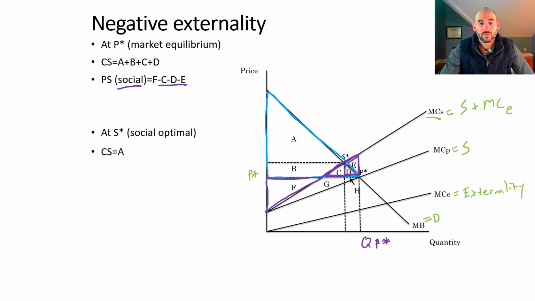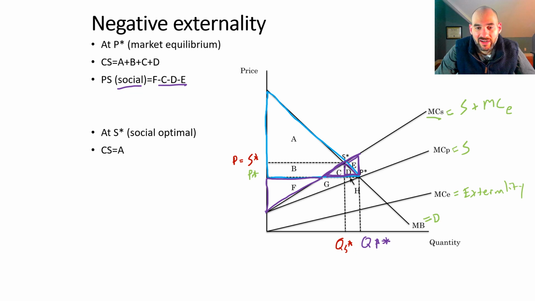And so when we do this, we are going to have some reduction in the consumer surplus, right? So now we're producing at price P equals S star, and this is going to be QS star units of production.